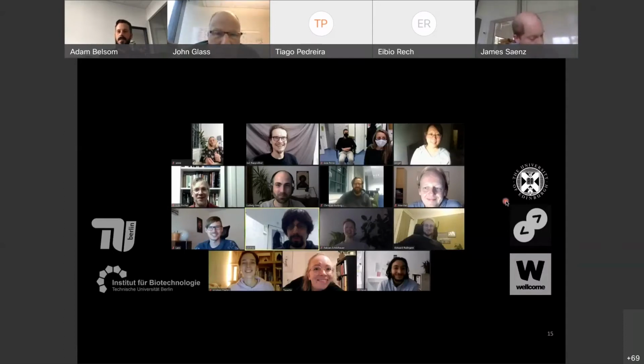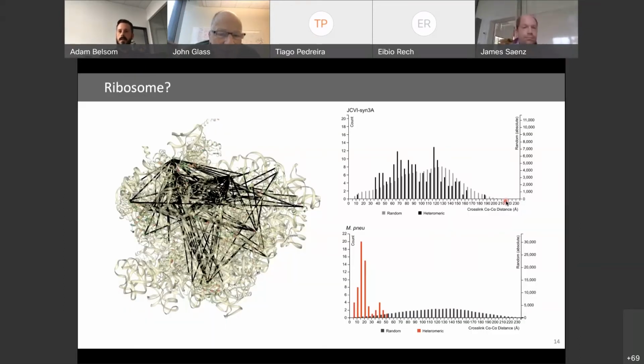Our proteomics data, Adam, shows that, where I know this is the case in other cells, at least what we were able to detect using proteomics of the ribosomal proteins is, you would think that they would all be expressed at nearly the same level, but that's certainly not the case.